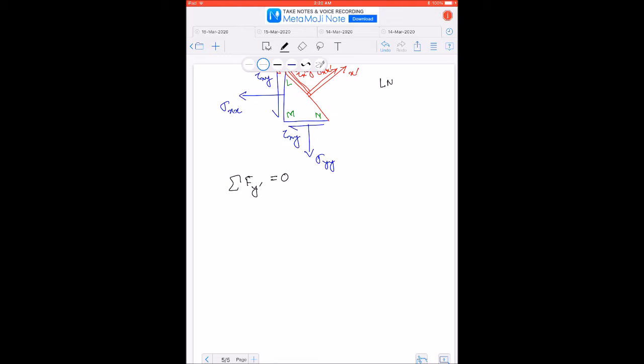we remember that Ln had the area A, L M had the area A cos theta, and Mn had the area A sin theta.